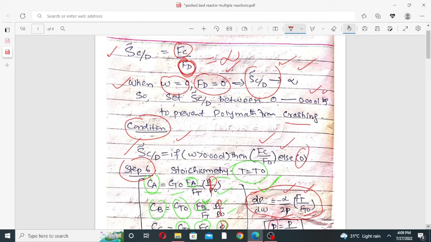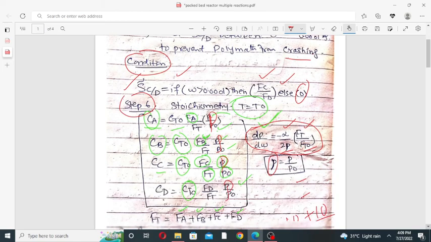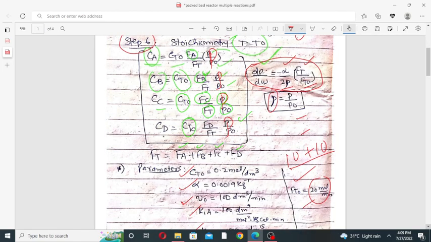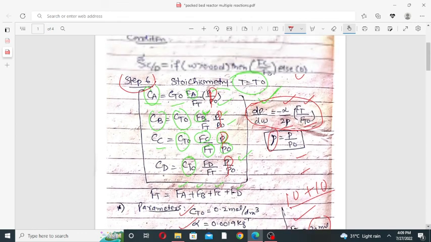So if W is greater than 0.0001, then Fc divided by Fd, meaning selectivity, will be given to us by Polymath, otherwise Polymath will give us 0 value if W is less than 0.0001.